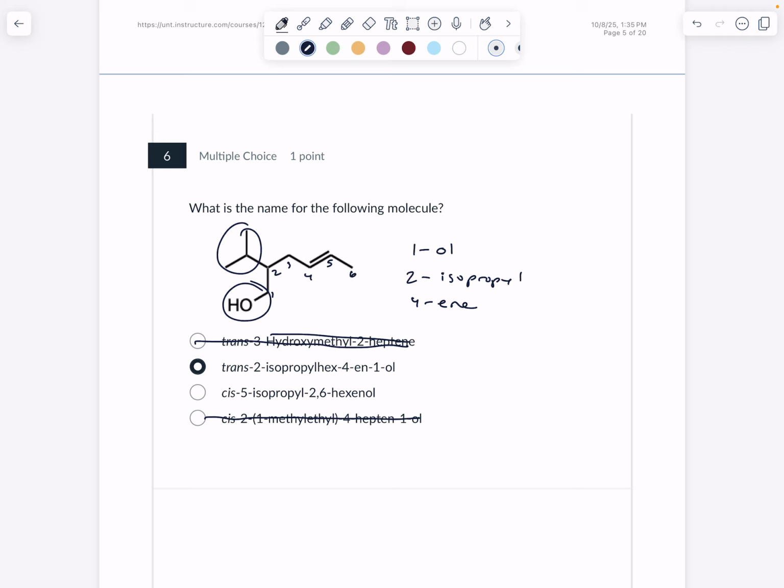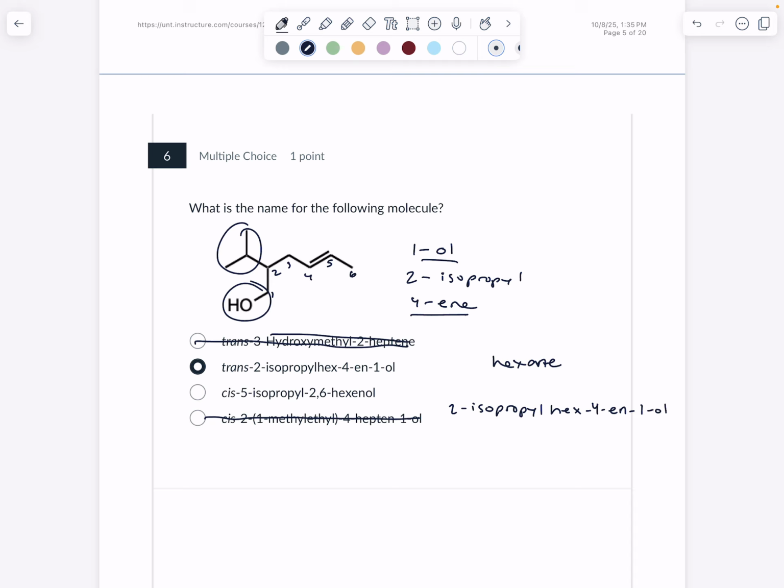So now if I'm going to combine it all, we have hexane as our parent chain, 2-isopropyl hexane, but with parent chains, if we have alcohols or alkenes, it's a suffix instead of a prefix. So we're going to have 4-en, and I'm not going to write the E because to write alcohol, you drop the E at the end, and then 1-ol.